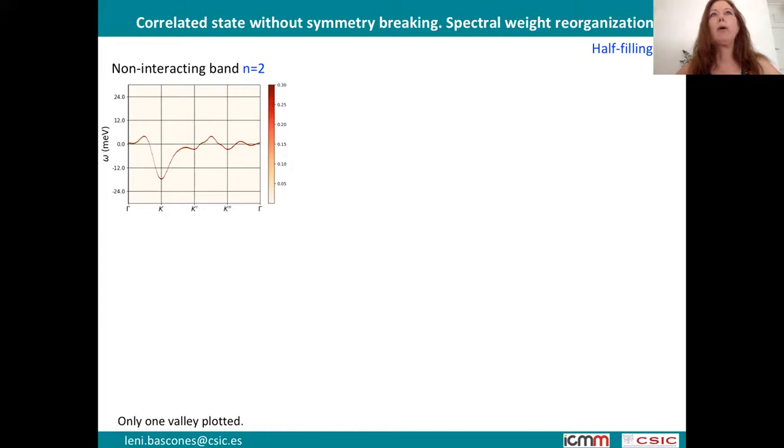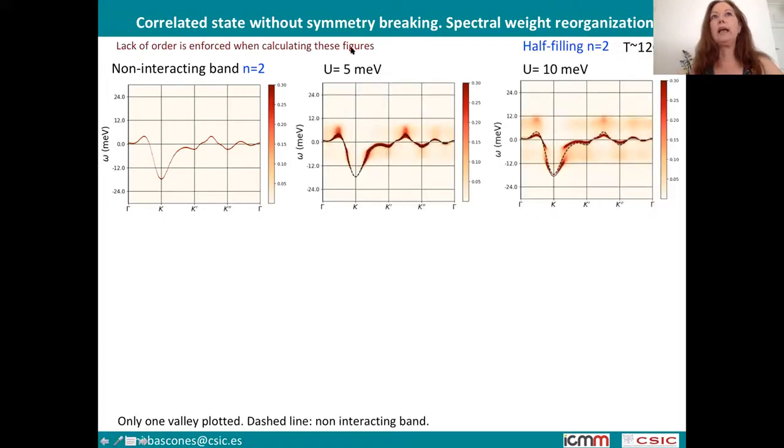Now I'm increasing the interaction of this effective Hubbard model, and you can see how some spectral weight starts to go away from the band. It's already observable at 5 milli-electron volts, and of course it becomes larger as it is increased.